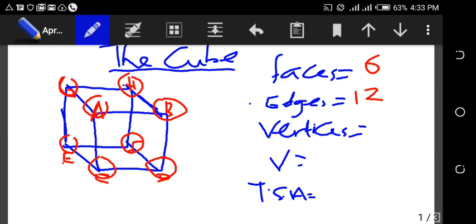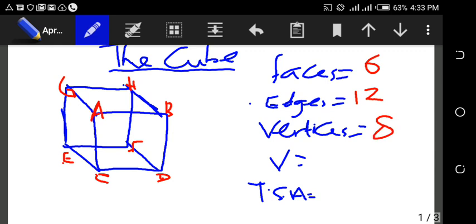Those are the places where you have the node or the junction where the lines connect, and there are 8 of them in a cube. So it means our cube has 8 vertices. Now we'll go over to the volume of a cube.